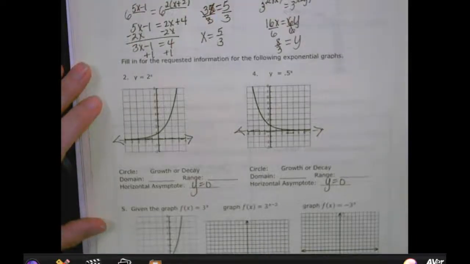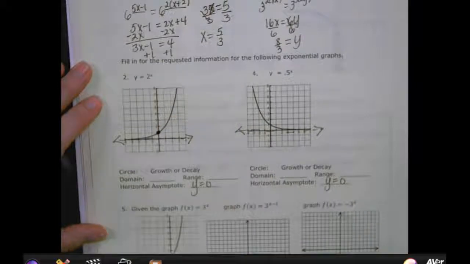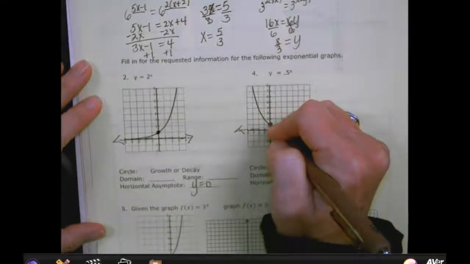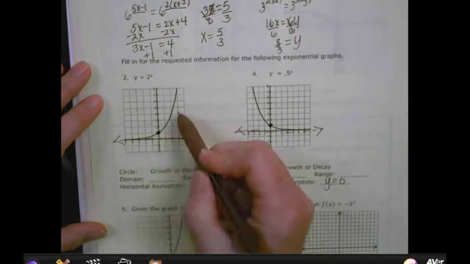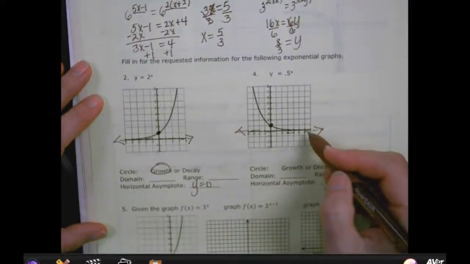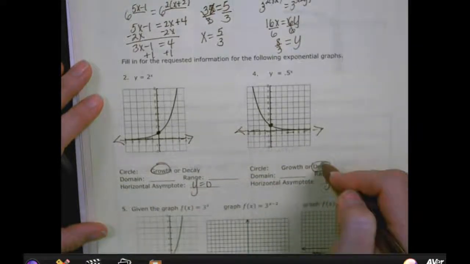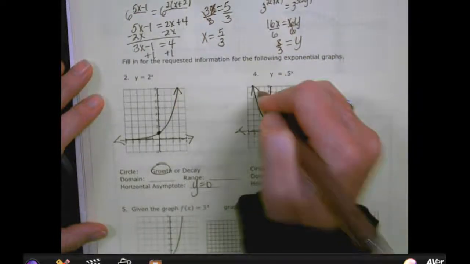So this is the point that would get moved if you were doing the transformations. So is this a growth or a decay? Growth. And this one is a decay. This one goes up on the right, and this one goes up on the left.